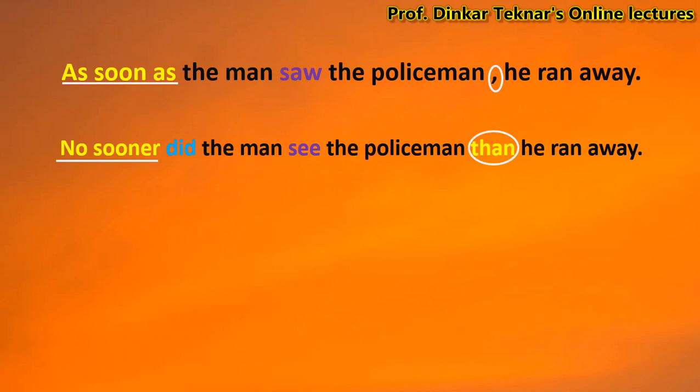After no sooner, the auxiliary verb did is used, because the main verb in the first sentence is in past tense, and when did is used, the past tense of the main verb becomes present tense. So past tense saw, with did, becomes see.